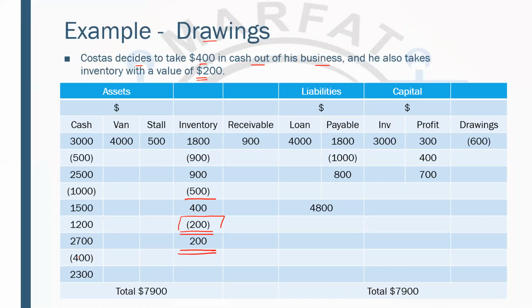The cash was 2700, and he's taking 400 from that, so that leaves 2300. The total drawings are 600, which will be deducted from the capital, because drawing is eventually a reduction in the capital. These are the things you need to remember when you are doing the accounting equation.